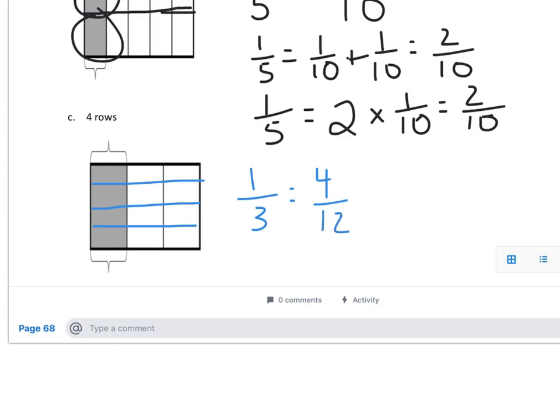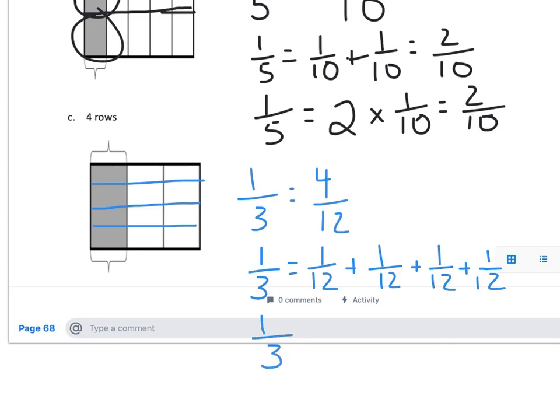And I'm going to break that into unit fractions, that 1/3 is the same as 1/12, 1/12, 1/12, and 1/12. So I'm going to add all of those 1/12s together. And there's my adding my unit fractions. But I'm also going to show it as multiplication.